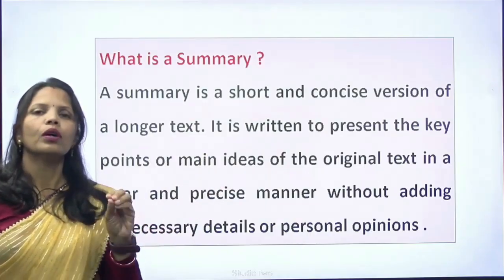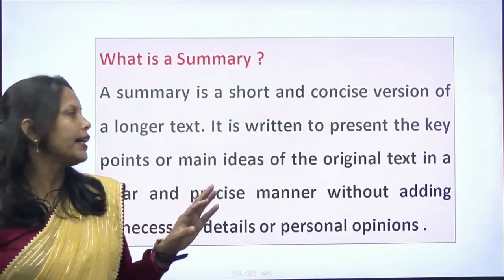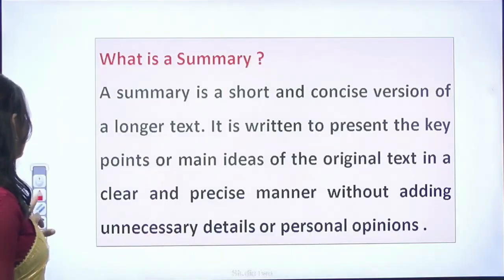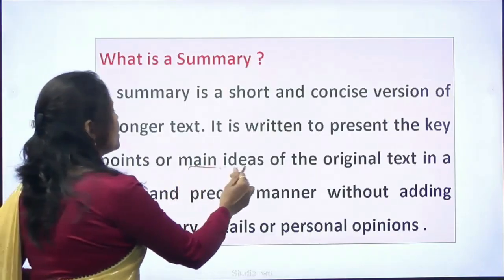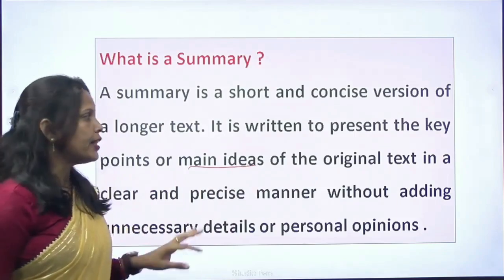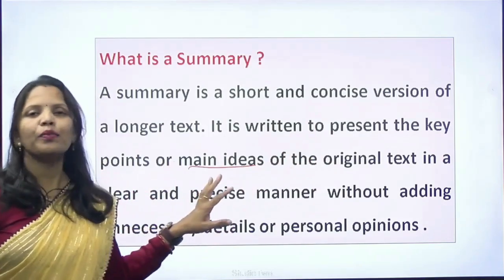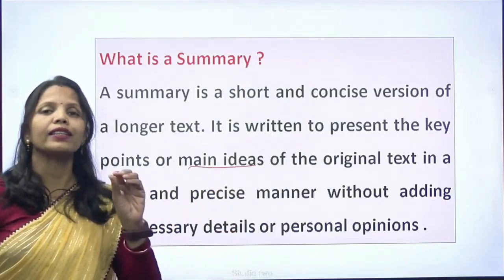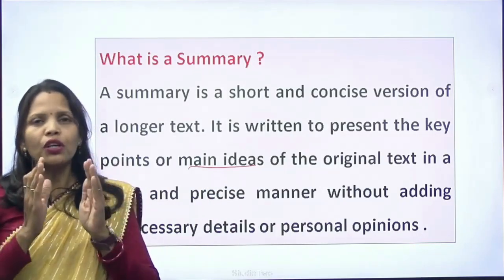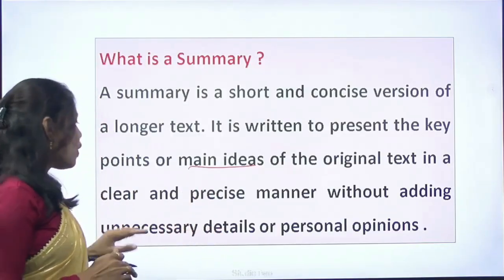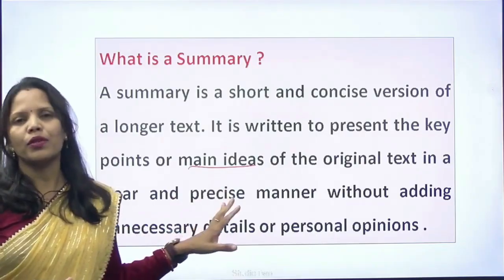You have to write only the main points or the main ideas from the original text. In what manner? In a clear and precise manner. You have to write that in a clear manner and in a very short, precise, to the point manner, without adding unnecessary details and personal opinions.